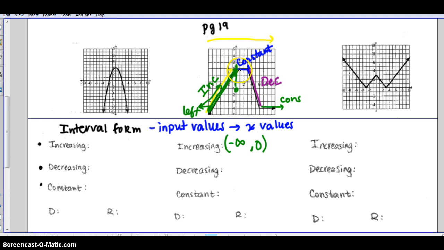Then what happens is it's constant. From this point to this point, it's constant. So that starts at 0, where this one left off, and ends at the input value of 3. Then the graph decreases starting at 3, and it decreases to right here, which is the value 6.